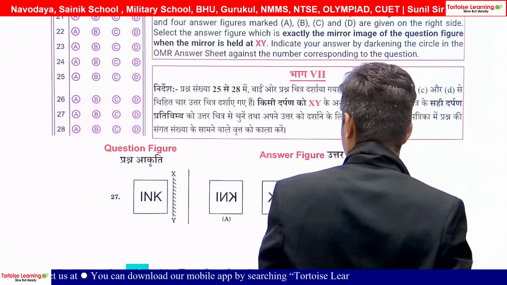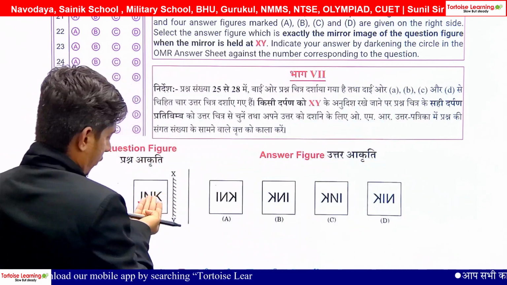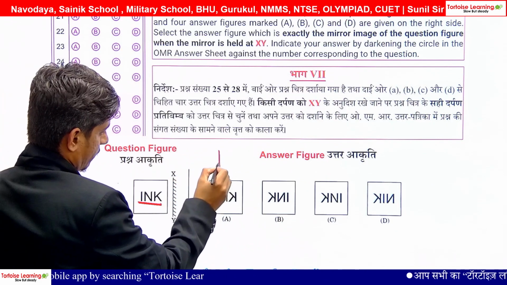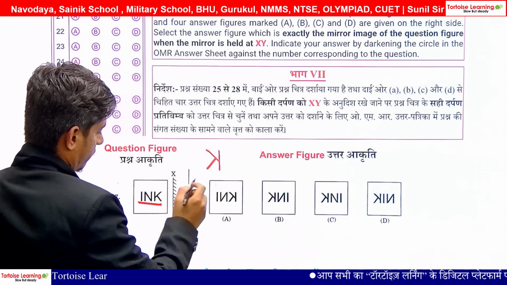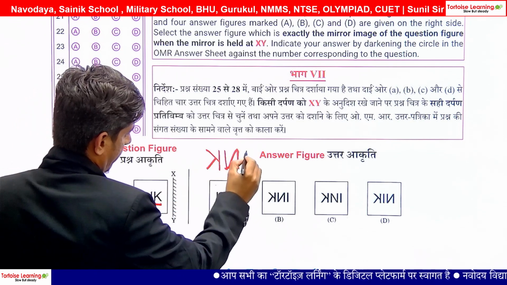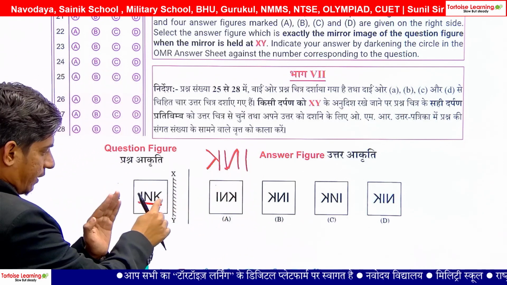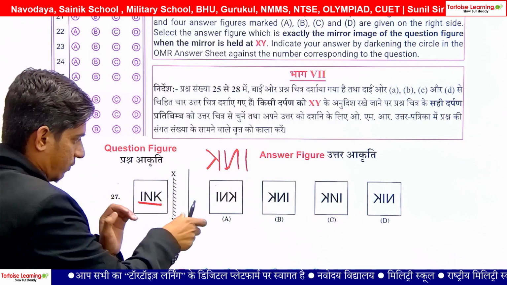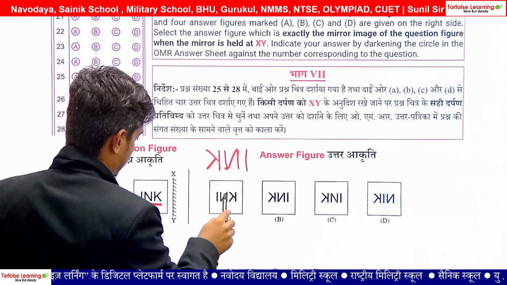Once again, next, I and K, we have to rotate. This will become K and I. We have to find K rotation, K in the place of I and I in the place of K. I, K, but the place is the same.